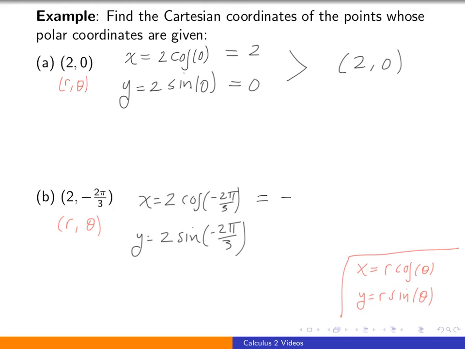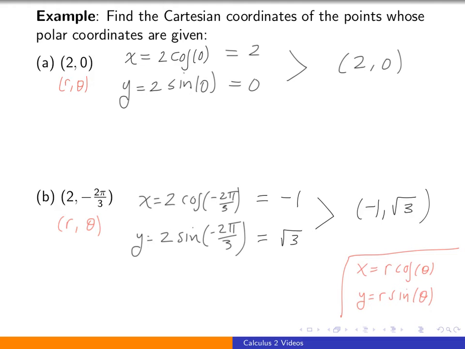So that would be 2 times minus 1/2 is minus 1. And sine of minus 2 pi over 3 is going to be minus the square root of 3 over 2. So times 2, that would be minus the square root of 3. So the corresponding point in Cartesian coordinates is (minus 1, square root of 3).